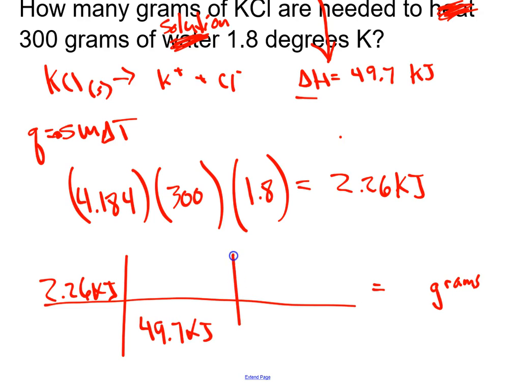But what is that per? That's per 1 mole. And then how do I get rid of moles? 1 mole. And we're back to 74.5, right? What do I get? 3.37.